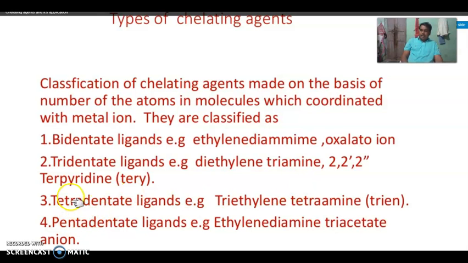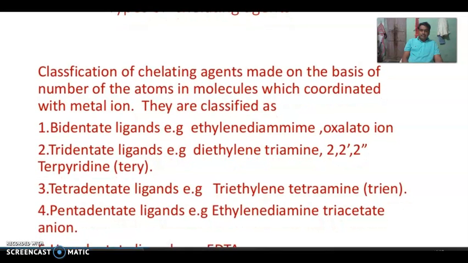Another type is the pentadentate ligand. If one ligand forms five coordinate bonds with a metal, then it is a pentadentate ligand, for example ethylene diamine tetraacetate anion. Another type is hexadentate.